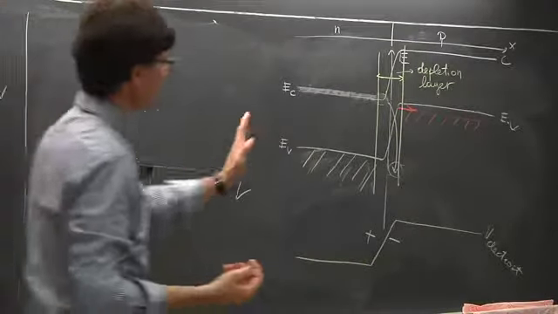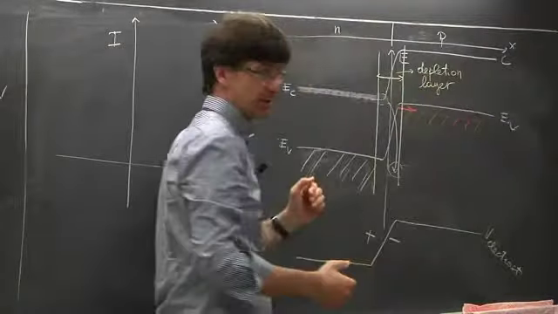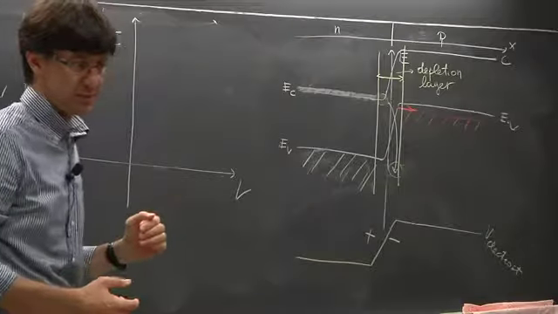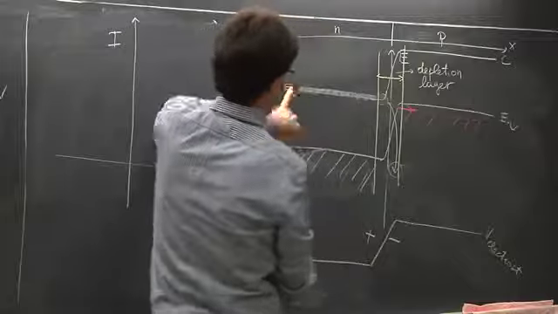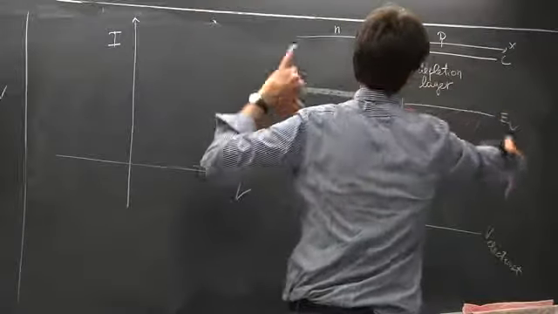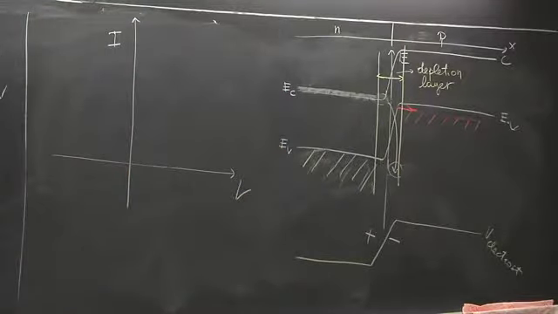Applying a voltage means to change the relative electrostatic potential at the edges of this system. Right? You apply a voltage, it means you lift this part of the diagram with respect to the right side of the diagram, or vice versa, depending whether you apply positive or negative bias to your system. Let me do the easy case now.